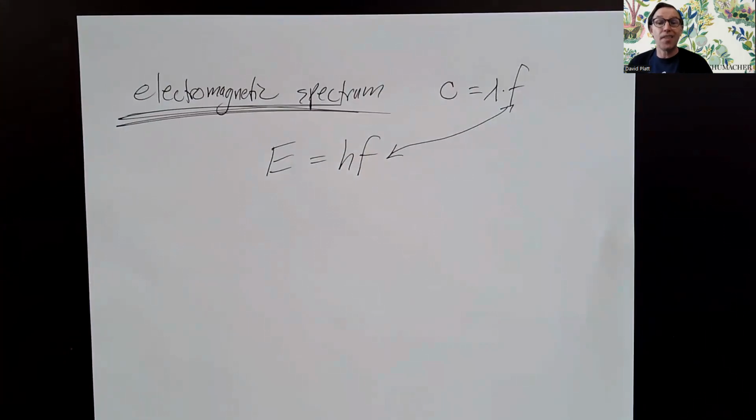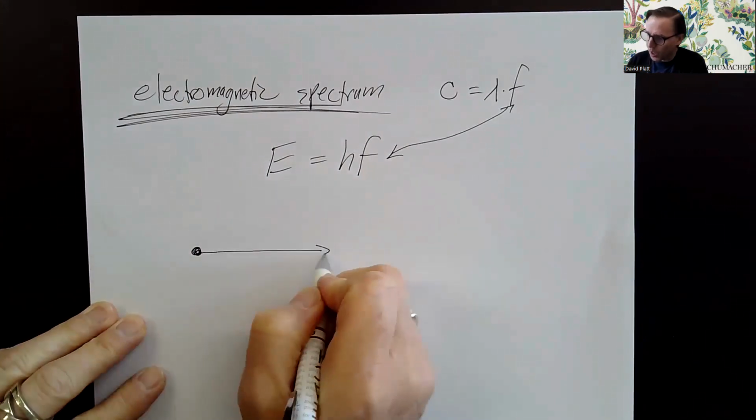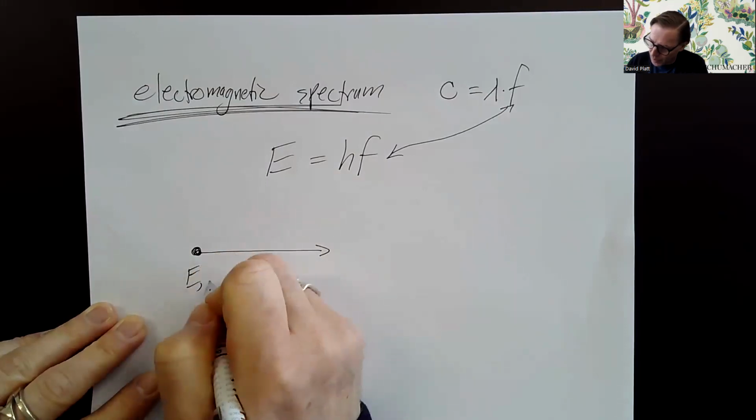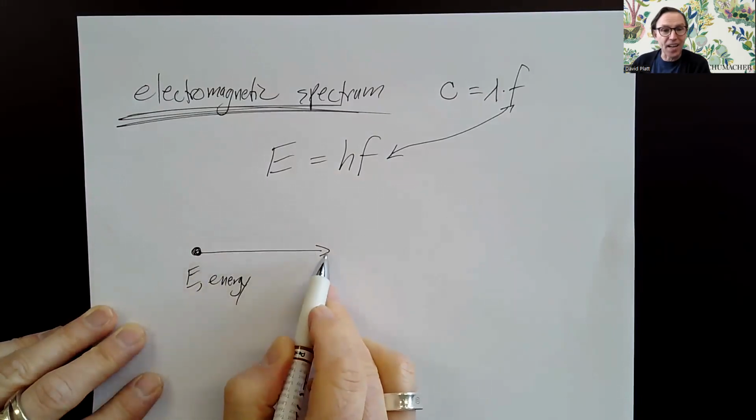Remember, I told you that light is a wave, but we could think of light as a particle as well. And I'm going to prove this to you a couple lectures from now, so don't worry about it. But if I think of light as a particle traveling along, how much energy, E, does that particle carry?